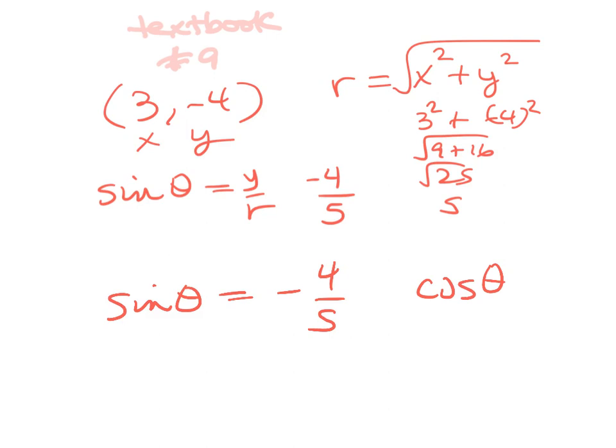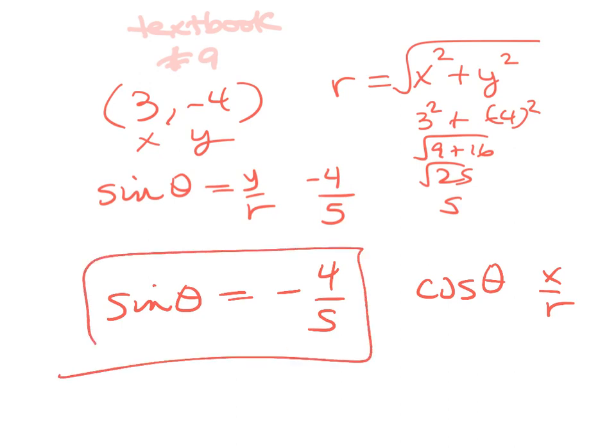Either way, just realize that what goes into these, for example, sine is y over r, cosine would be x over r. So if this was your given and you knew this was y and r, you're going to plug it into x squared plus y squared equals r squared in order to get your x. So be able to do something like this, and it's in the review.